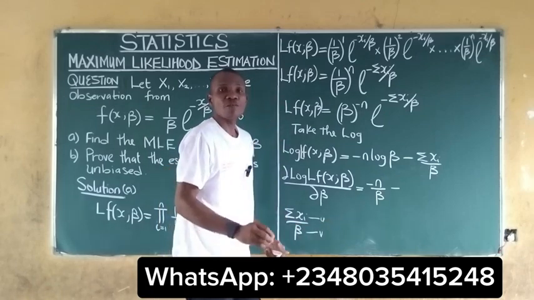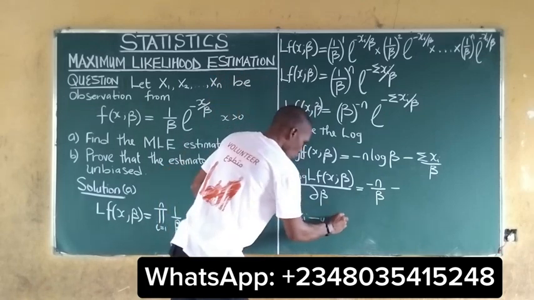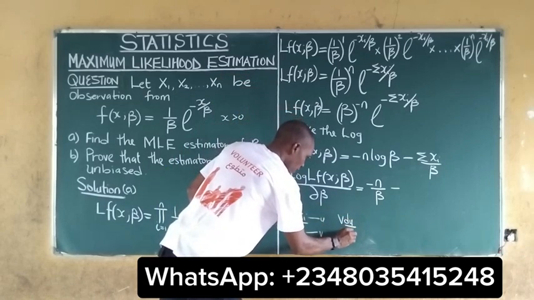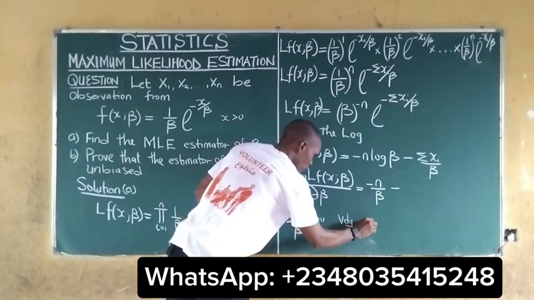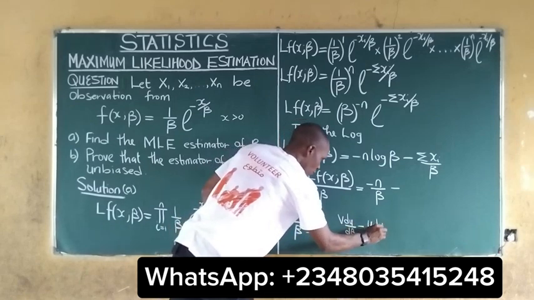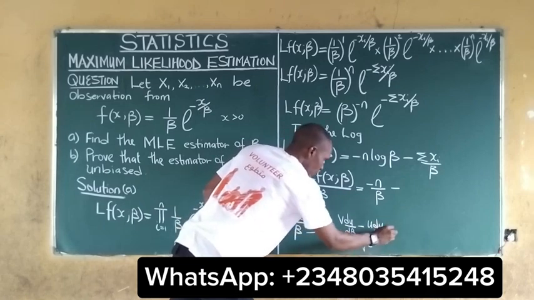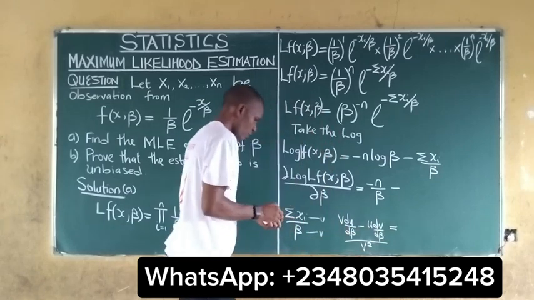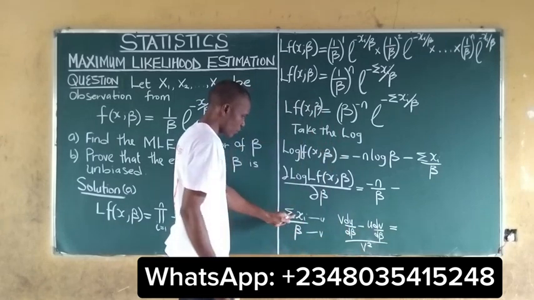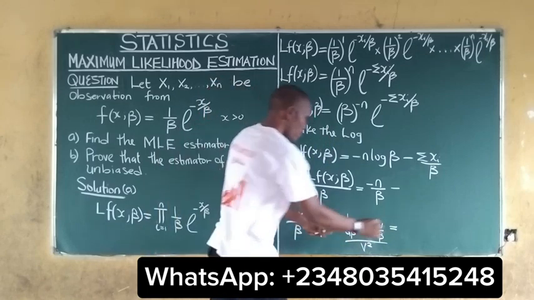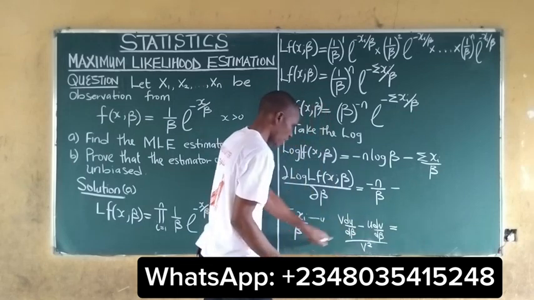And the formula for the quotient rule says v du all over d beta minus u dv all over d beta, all over v squared. So we substitute. First, we have summation of xi as our u and beta as our v.